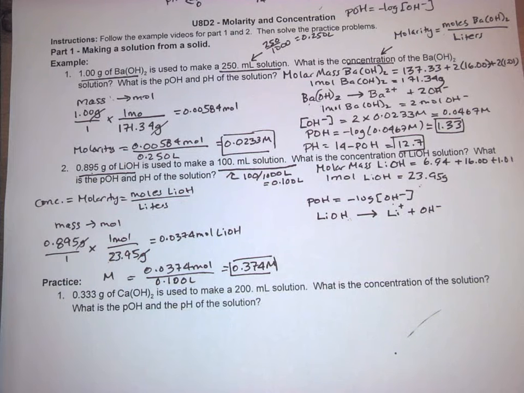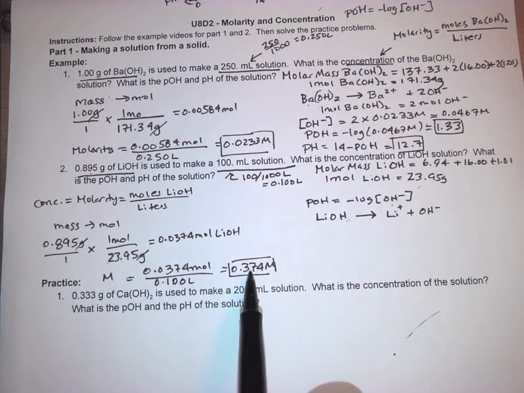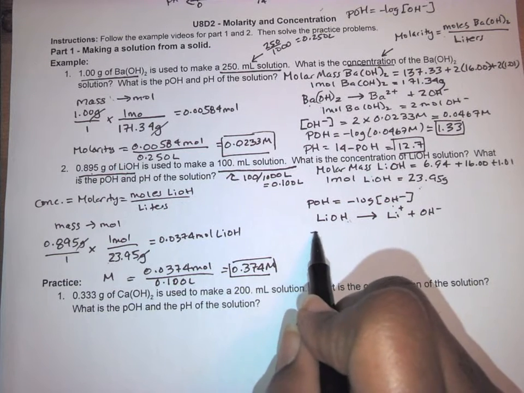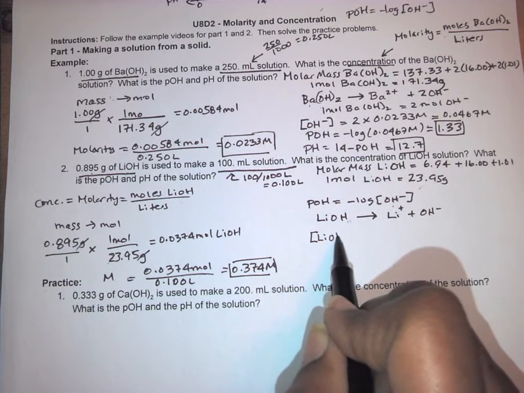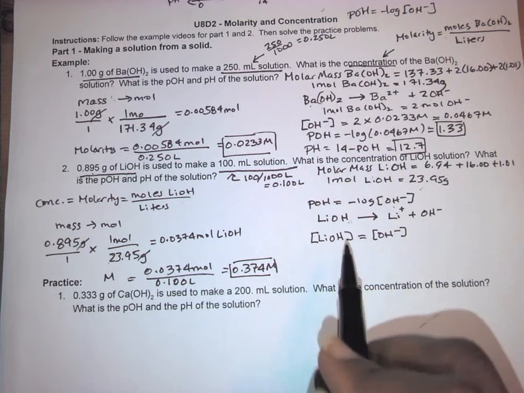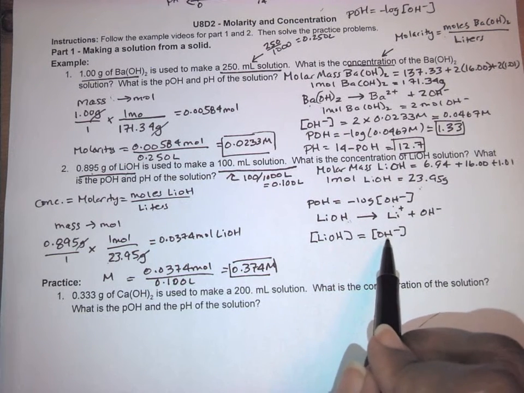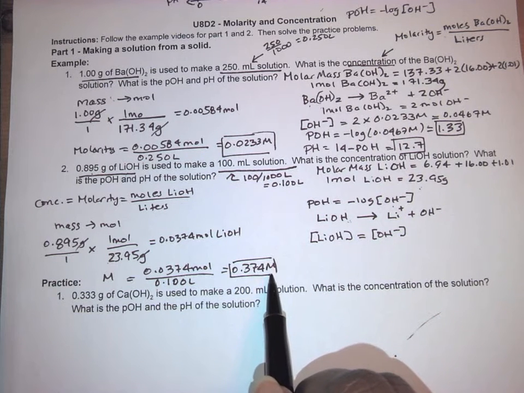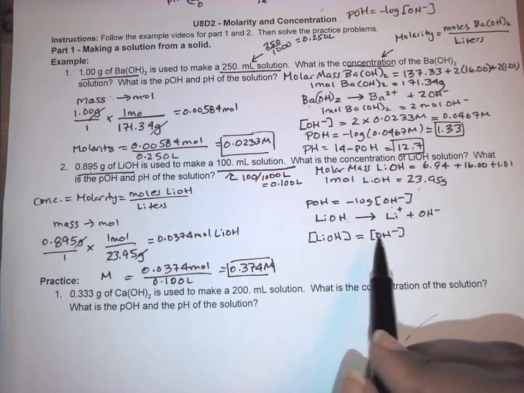So what do you really need to know? Once you have the molarity of your lithium hydroxide, if there's only one hydroxide in lithium hydroxide, it's a 1-to-1 ratio, so there's only one hydroxide that you can form, and therefore the concentration of the lithium hydroxide will equal the concentration of the hydroxide.